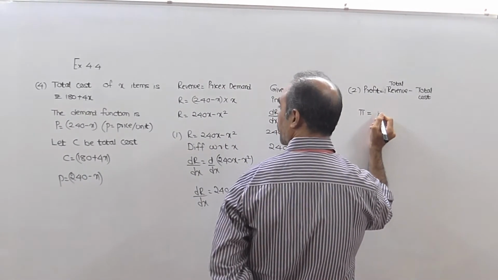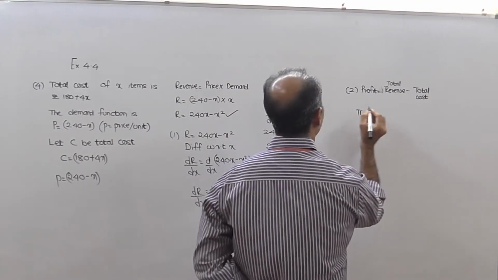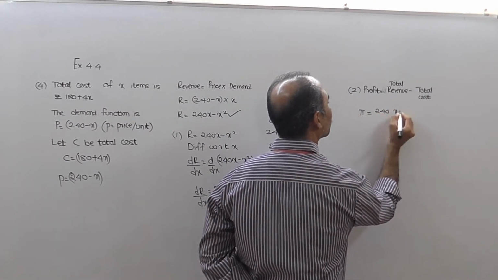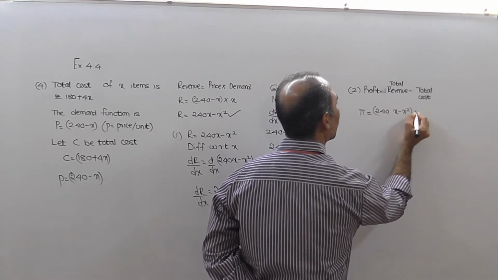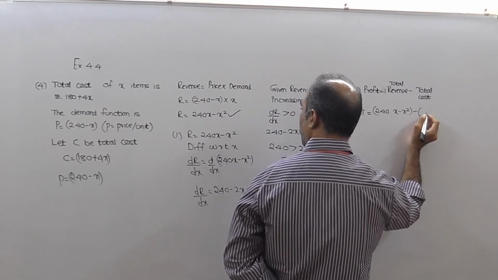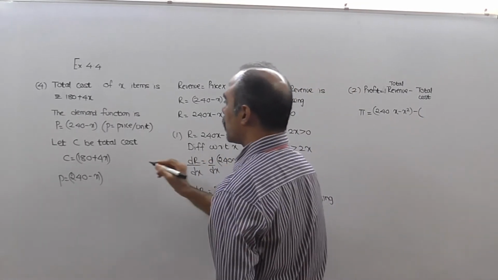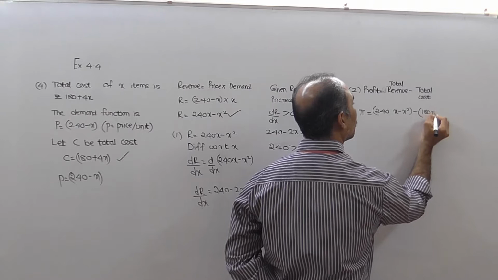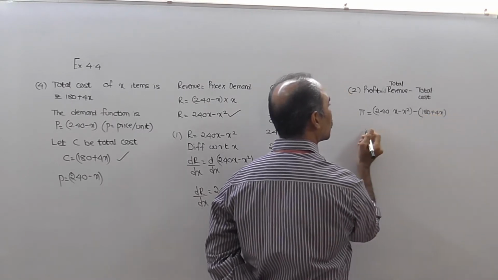This is the revenue. Revenue means sales. 240x minus x square, minus the total cost. I think the total cost is already given as 180 plus 4x.